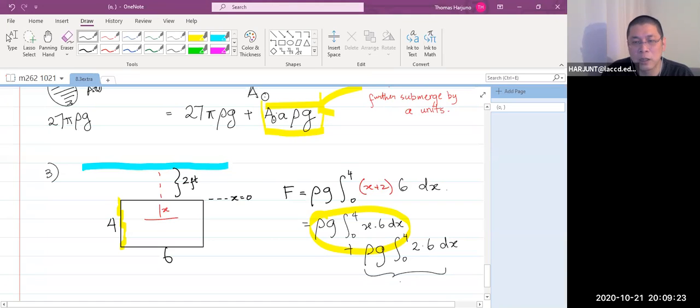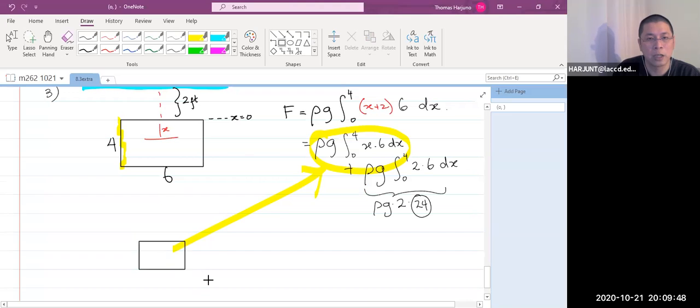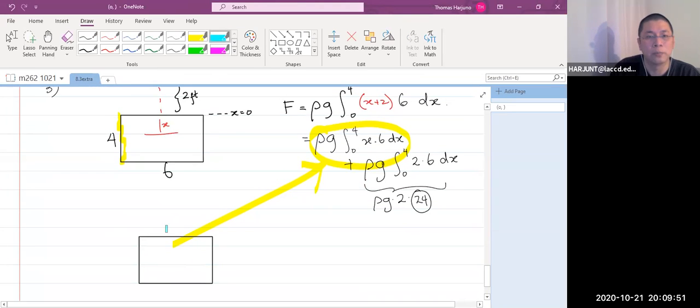But this guy here is basically rho g times how far you push it, and that would be 24. That's the area of that rectangle. Okay, so let me picture this. This is the situation if you have the rectangle actually submerged right at the edge of that rectangle.